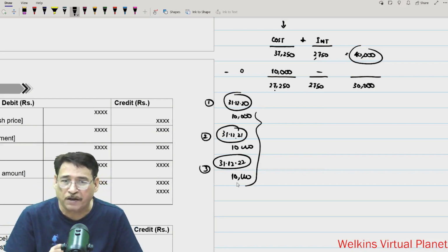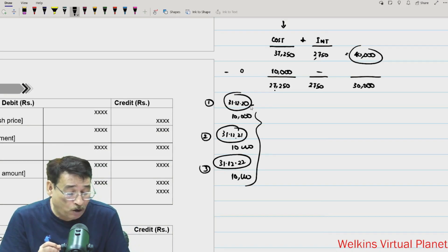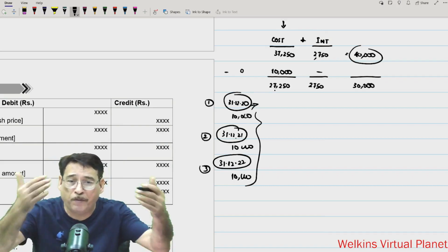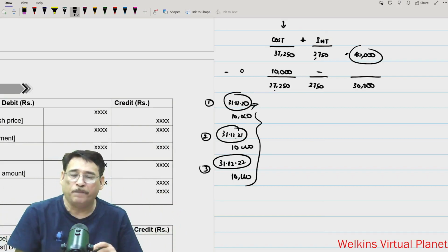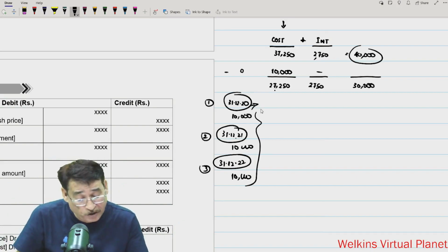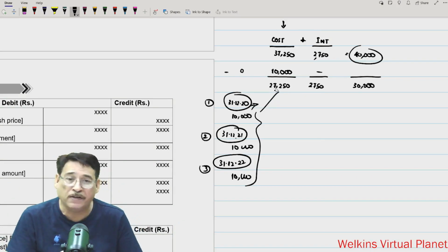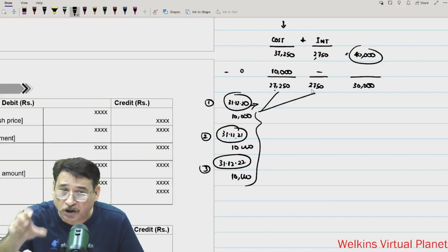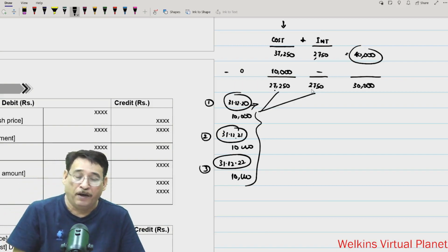Now try to understand. Suppose at the end of the first year I make the payment of 10,000, correct? The point is that I need to know how much I am paying for the cost price and how much for the interest, and that is the theme of this chapter.